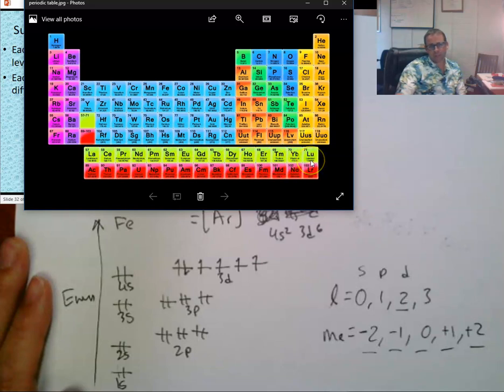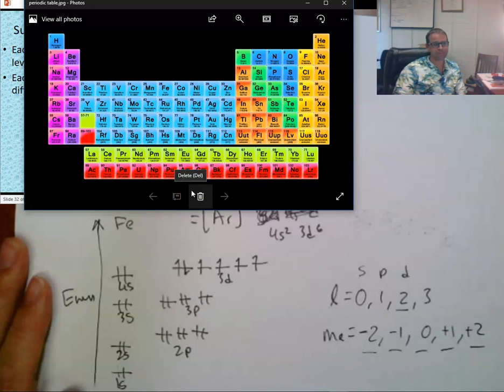Now this periodic table is a little bit confusing because you have lanthanides and actinides, which really belong in this location right there. But then you have 1, 2, 3, 4, 5, 6, 7, 8, 9, 10, 11, 12, 13, 14. So with 14 across here, how many orbitals in that subshell are there going to be?